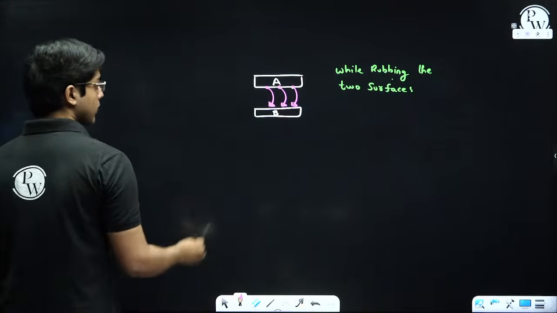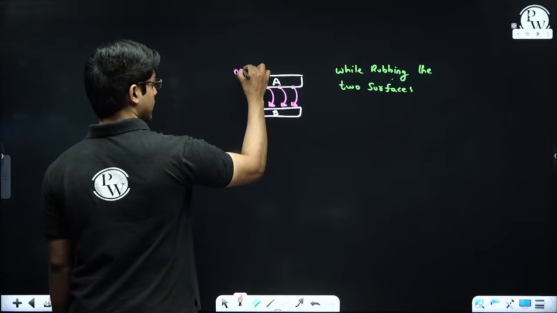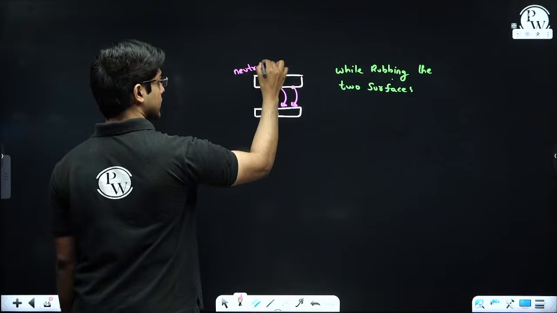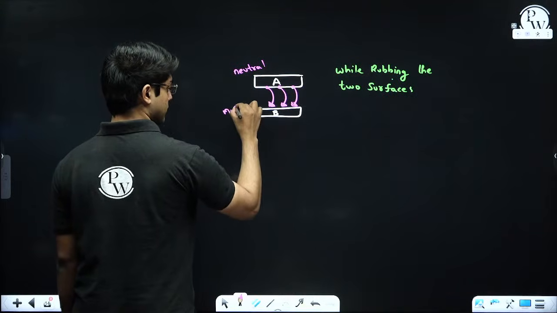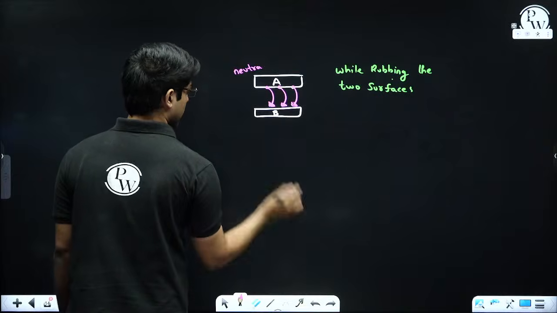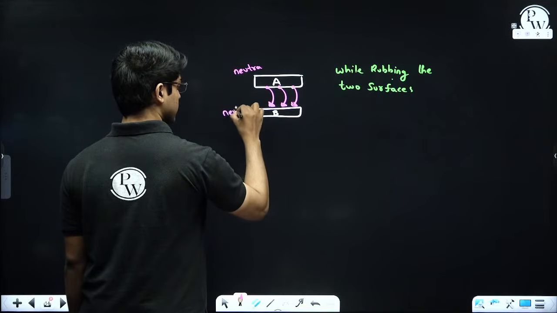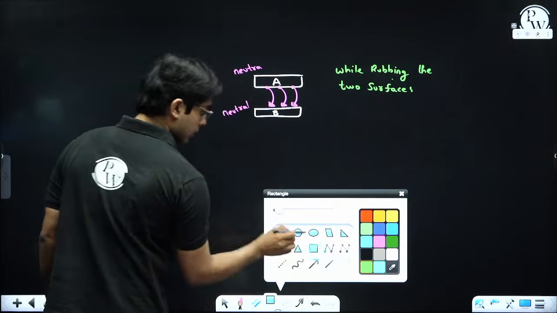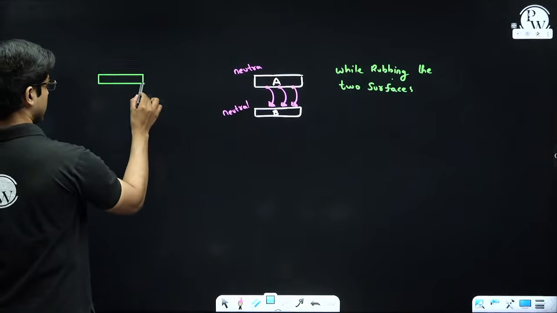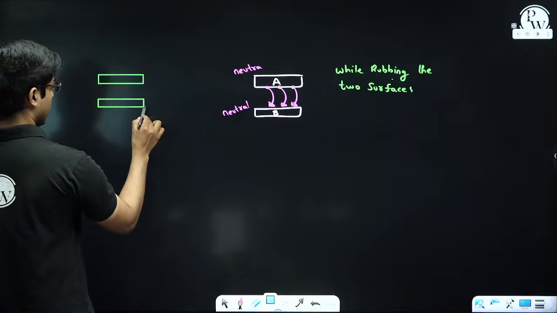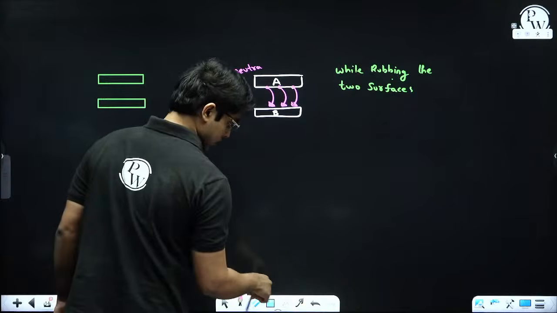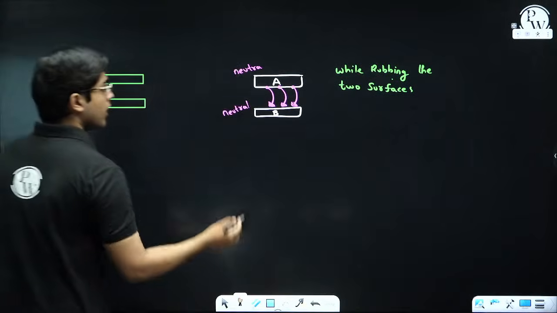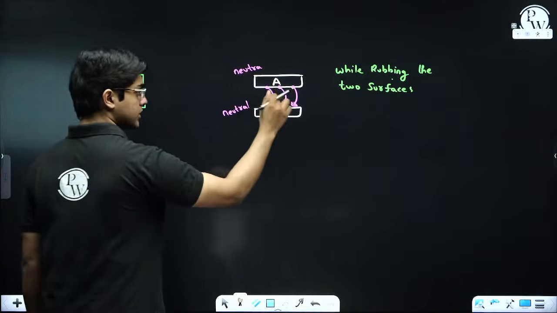Now what do you think will happen? This was a neutral body, right? Both of them were neutral at the start. But now, A has lost electrons.